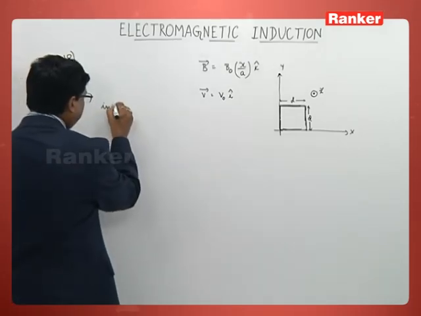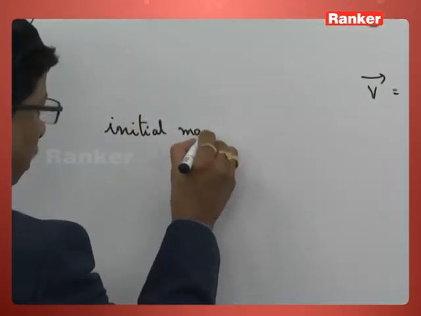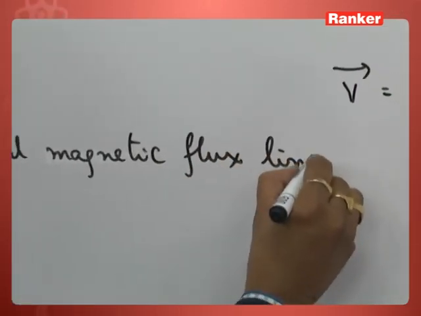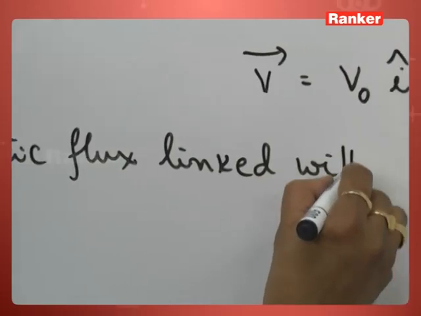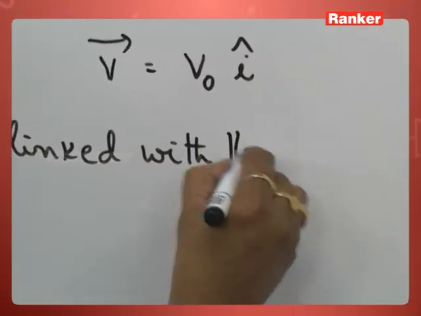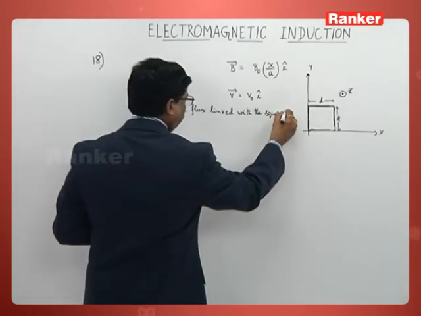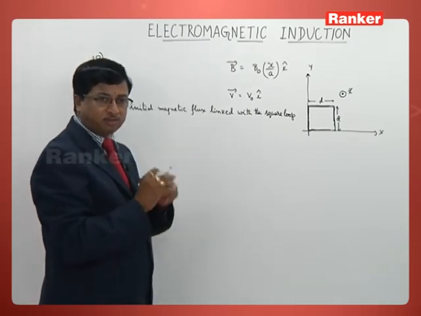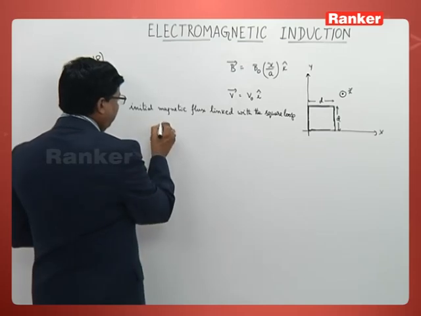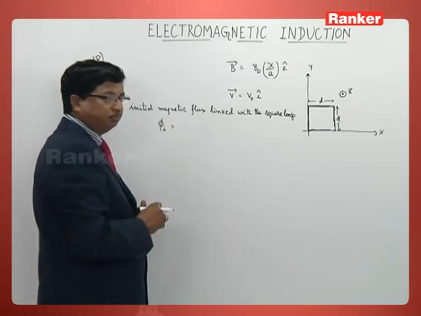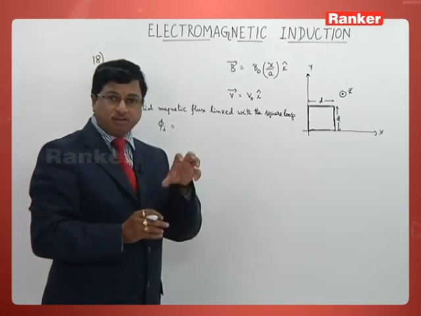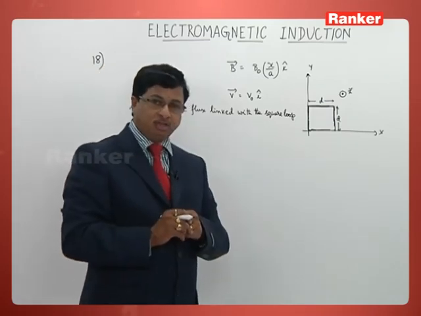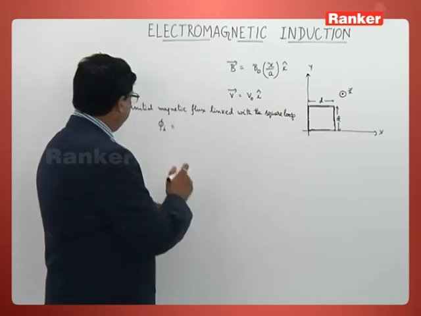What will now be the initial magnetic flux linked with the square loop or the coil, whatever he is talking about? A square loop, he said. Fine. That I can write as phi I, the initial magnetic flux that is linked with that coil.